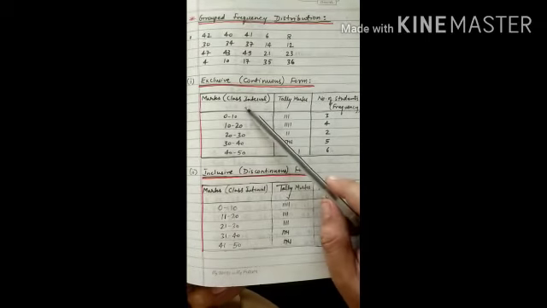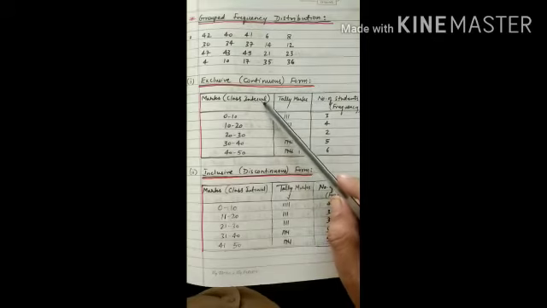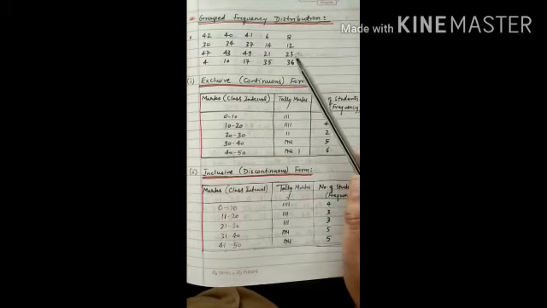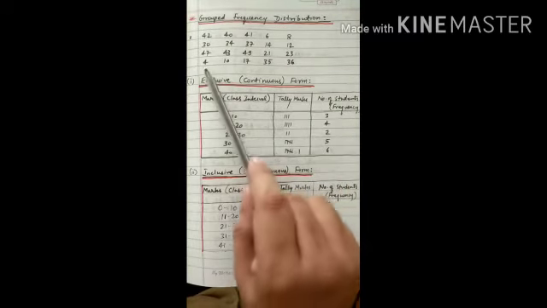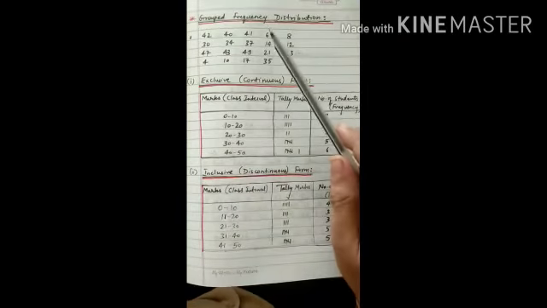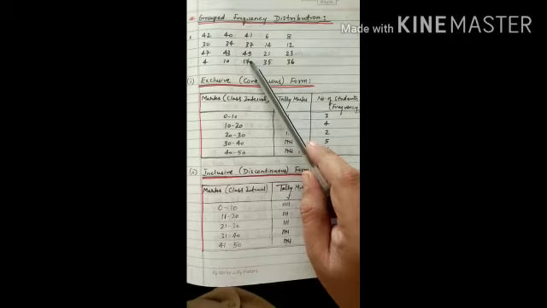First will be the marks in the form of class intervals. As you can see here, marks of 20 students out of 50. The least marks here is 4 and the highest marks is 49.